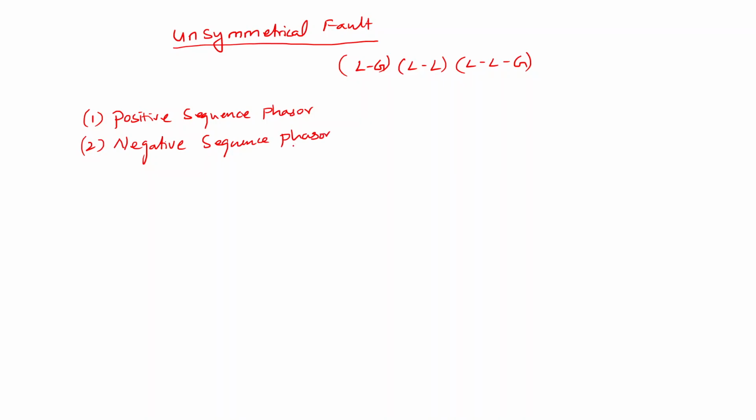What is next? Zero sequence phasor, correct? So with these three phasors, we can represent our unsymmetrical fault phasor diagram.